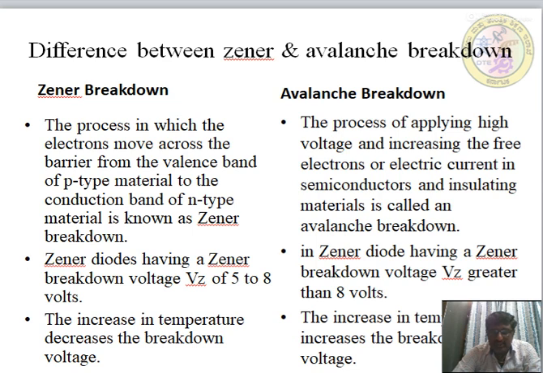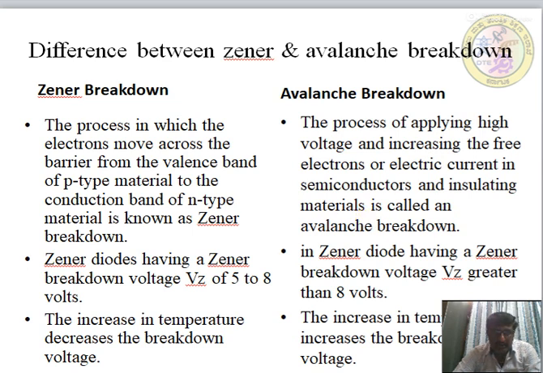Avalanche breakdown occurs when a high voltage is applied and free electrons, or electric current, increase in semiconductors and insulating materials. Just by applying the voltage and increasing the free electrons, the avalanche breakdown occurs.